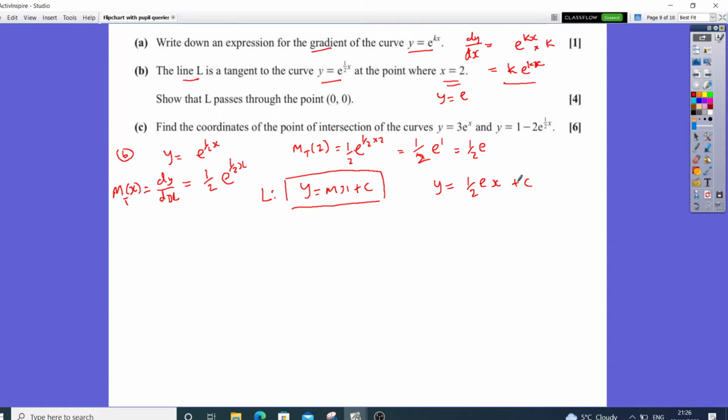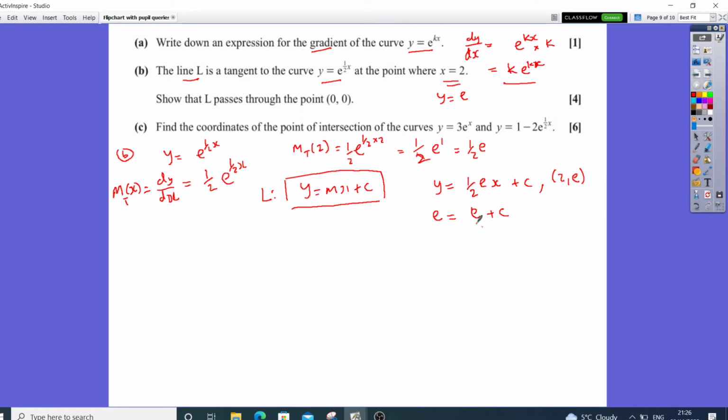We need to find c, but we know that this line goes through the coordinate (2, e), so when y is e, x is 2, so when I put in a half e times 2, that will be just e plus c.